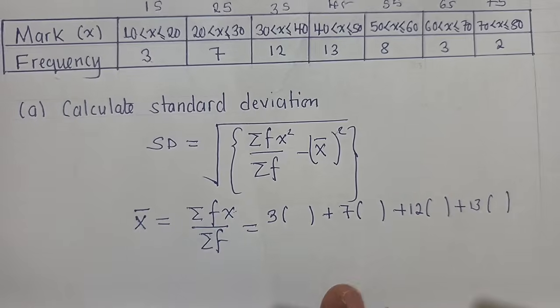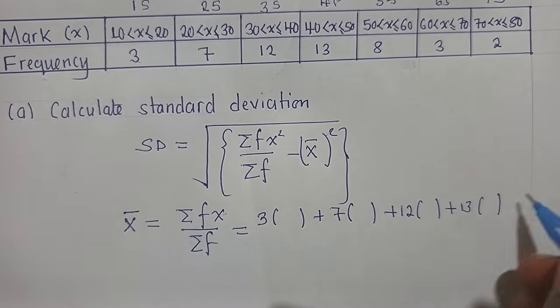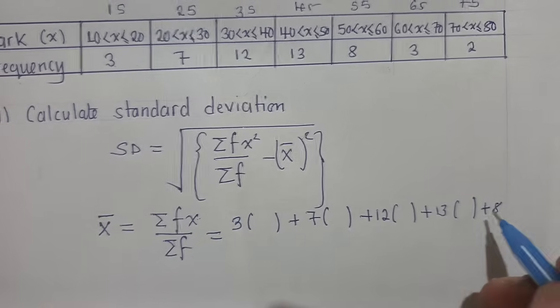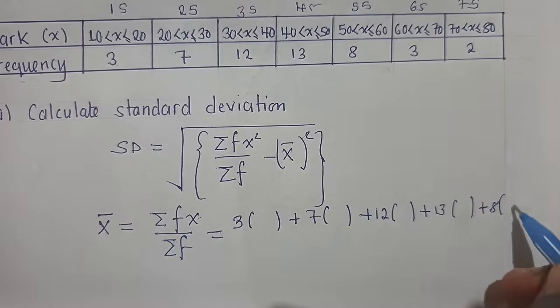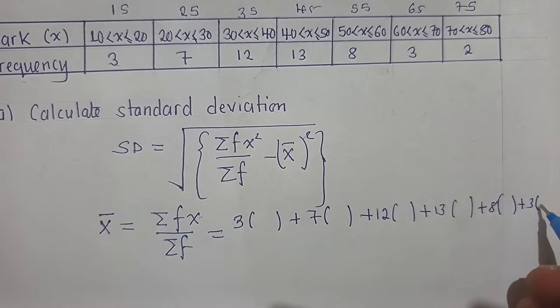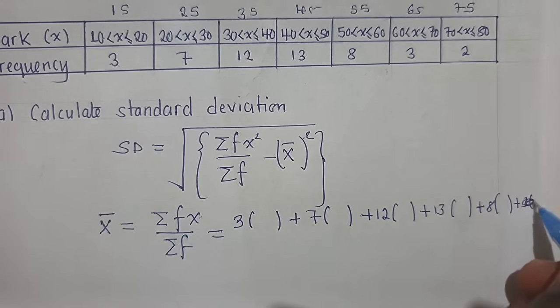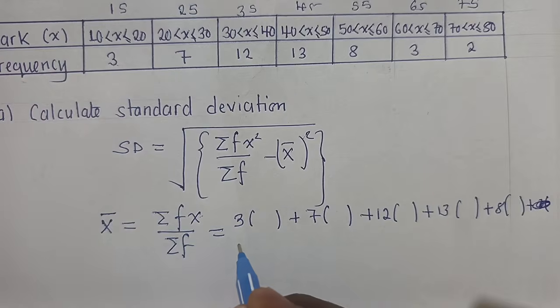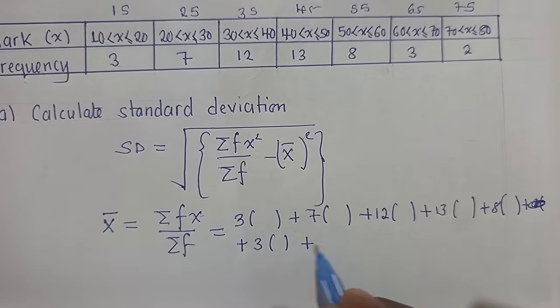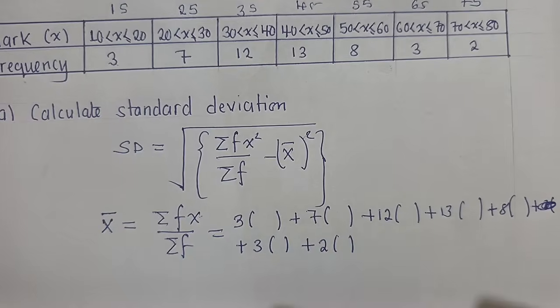I'll write, where am I? At 8, open and close. Write a 3, open, and we're running out of space, so this 3 we'll write down here. Plus a 3, open and close. Plus a 2, open and close.